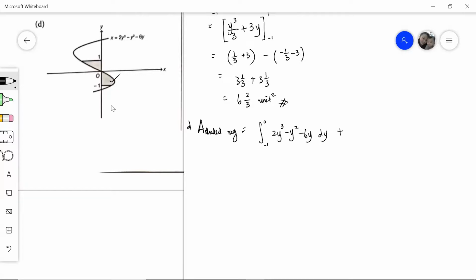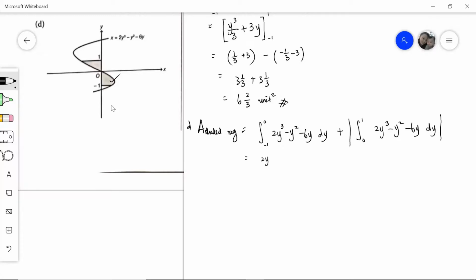And we have to plus the integration from 0 to 1, must put the modulus because this area is on the left side of the y-axis. So same thing, 2y cubed minus y squared minus 6y with respect to y. Okay, so let's do this part.